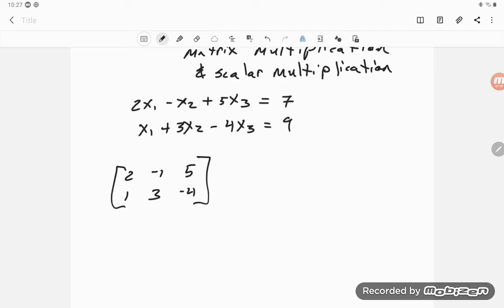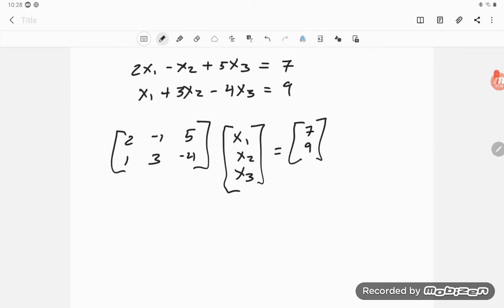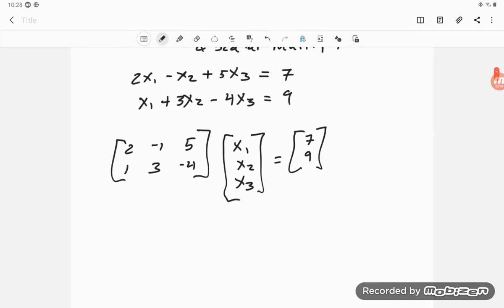But now notice that if I say that's times the vector x1, x2, x3, and have that equal to 7, 9 like that, now I have what I would call a matrix equation. But you see, these two representations are really saying the same thing. Okay, so let's look at that.